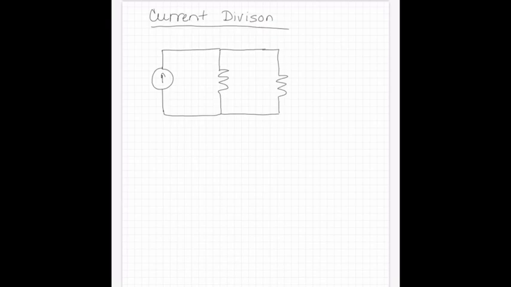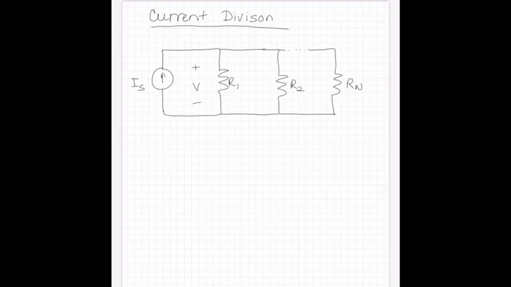We're going to go out to the nth resistor. Remember all of these elements are in parallel, so they're going to have the same voltage V. And we did this before.